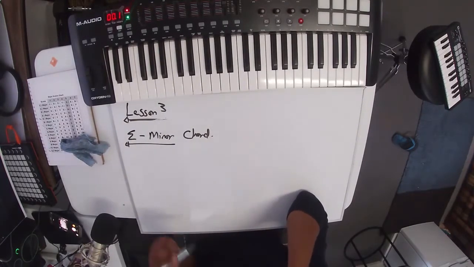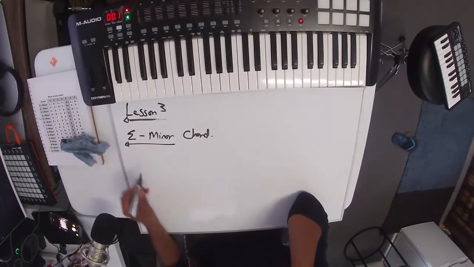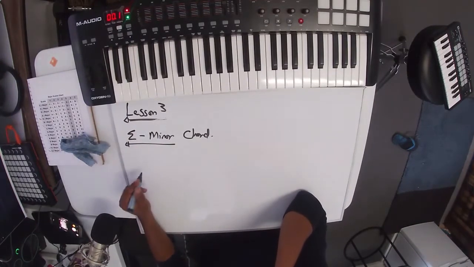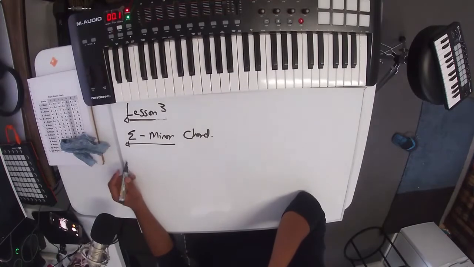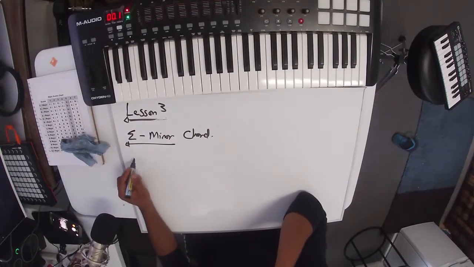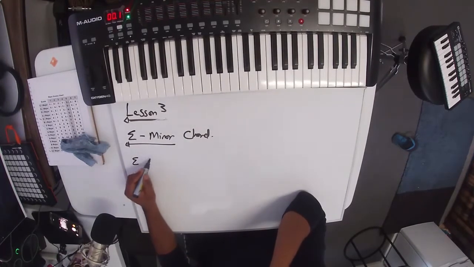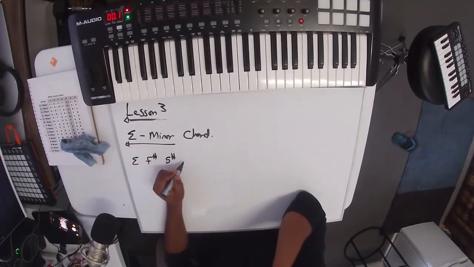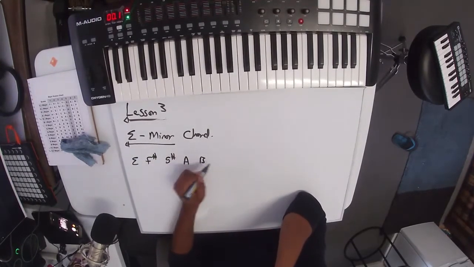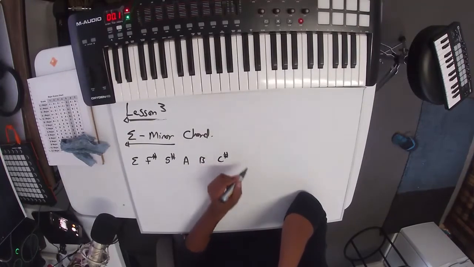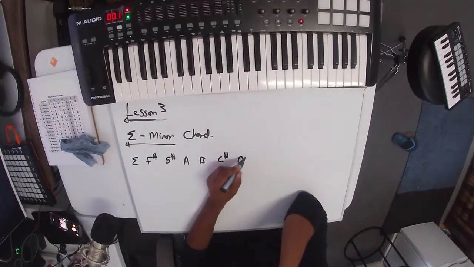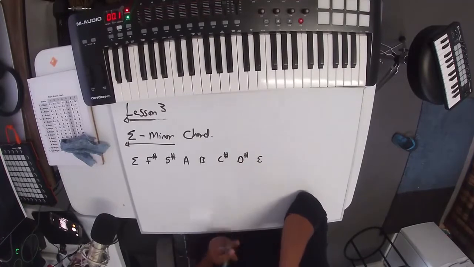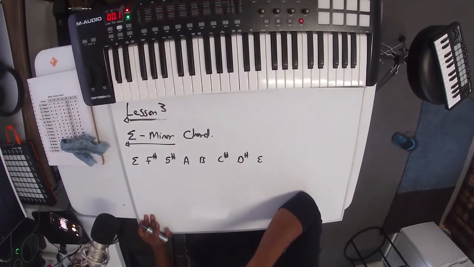So an E minor chord would be, let's look at the E major scale. First things first, what's the E major scale? That would be E, F sharp, G sharp, A, B, C sharp, D sharp, E. Alright, so that there is the E major scale.